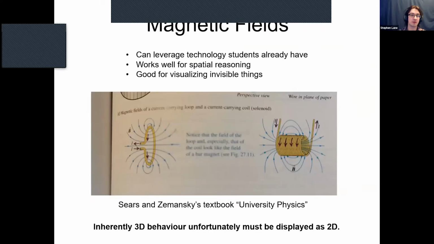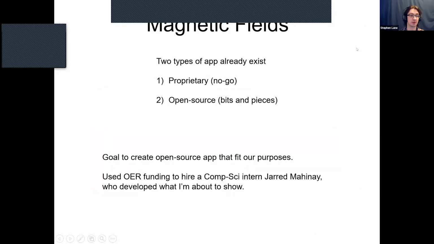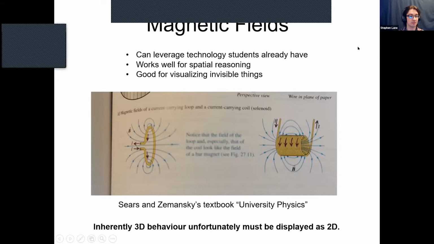We thought this might be really useful in physics because, particularly with smartphones, we can leverage technology that students already have. And it works well for spatial reasoning. There's a lot of spatial reasoning in some physical concepts, and it's good for visualizing invisible things.